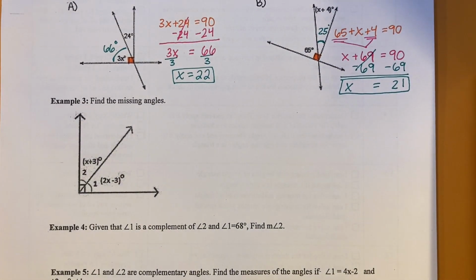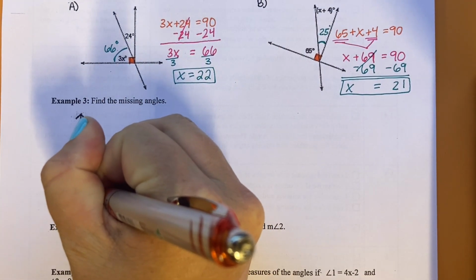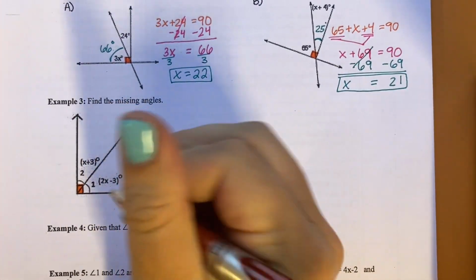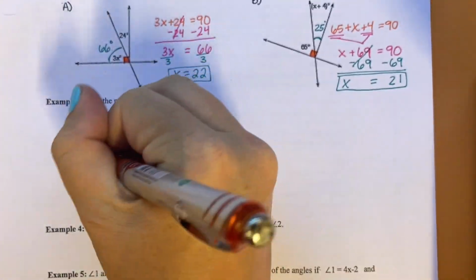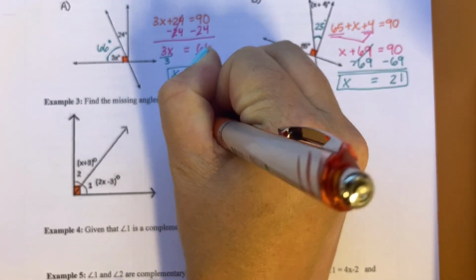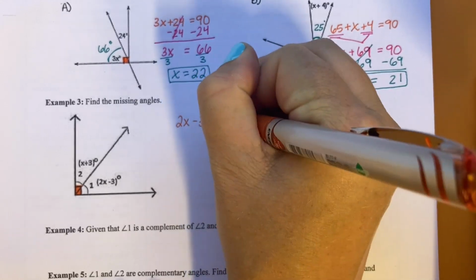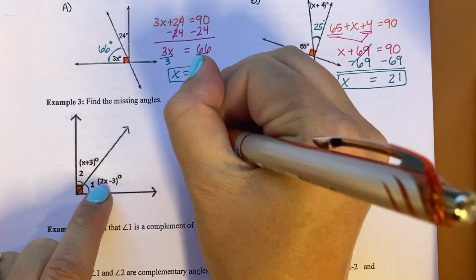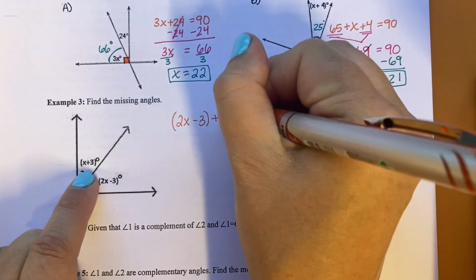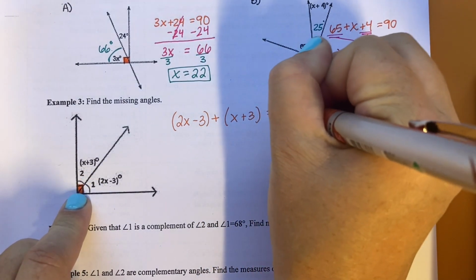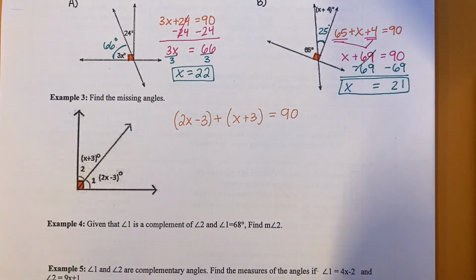Example 3, find the missing angle. First thing that stands out, I have this box in the corner. That is a right angle, which makes 90 degrees. When I add these two together, here I'm going to write it with parentheses, 2x minus 3 plus x plus 3 equals, because of the box, 90 degrees.